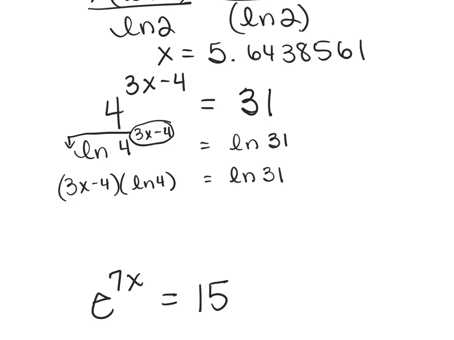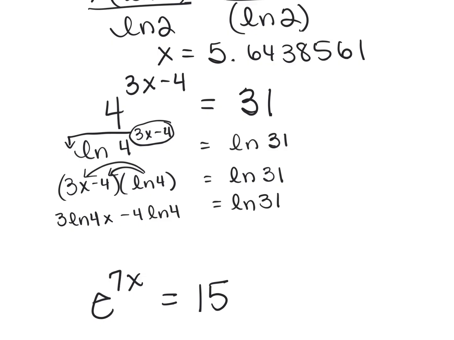Now, you've got a couple different ways you can finish this question. Usually, I tell kids to go ahead and distribute this. So you have 3 times the natural log of 4, x, minus 4 natural log of 4, and that's equal to the natural log of 31.